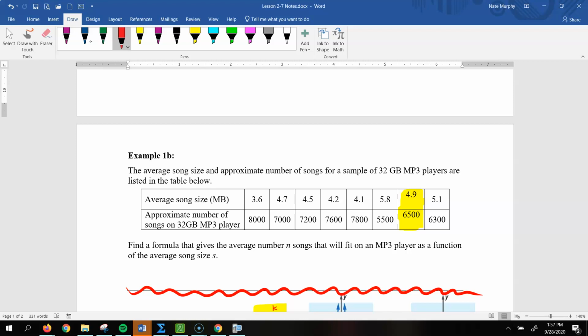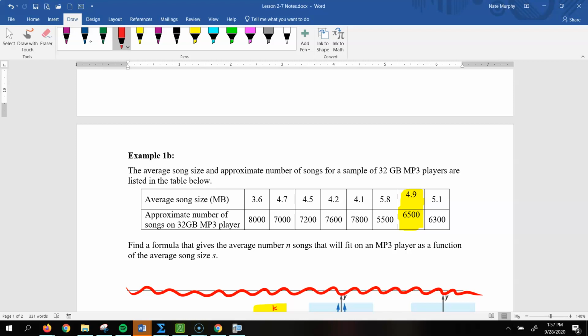So what I want you to do is the same four-step process. The first step is to come up with a general equation. Now, it does say the average song size. Oh, I forgot. Okay, so it doesn't say directly in here. I remember now with this story problem, I left out a key portion.